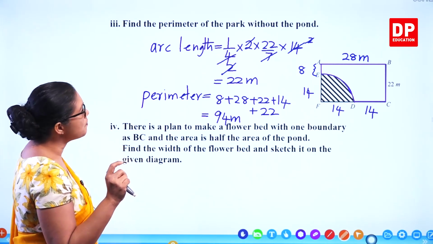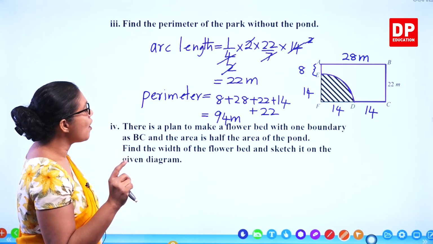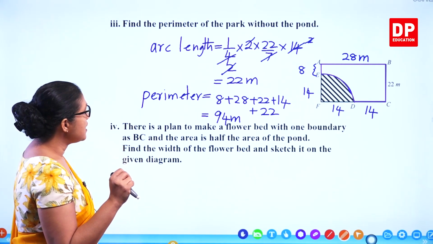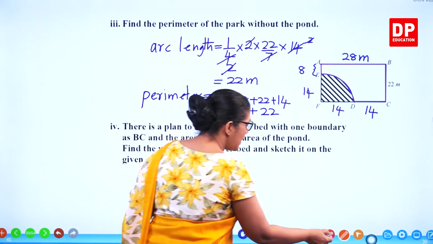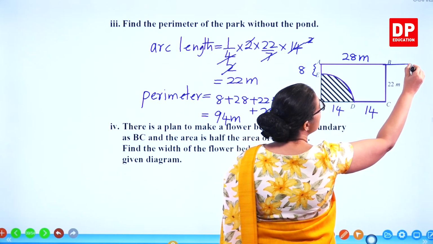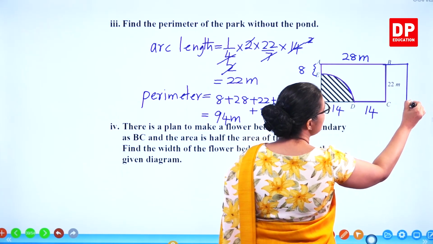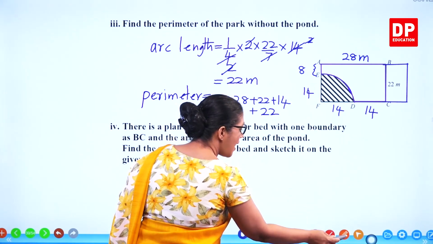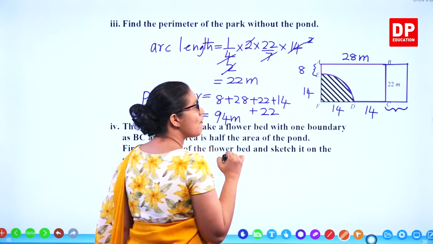And the last part, it says, there is a plan to make a flower bed with one boundary as BC, and the area is half the area of the pond. Find the width of the flower bed and sketch it on the given diagram. So basically they want to construct a flower bed with one boundary as BC, like this, and we need to find out the width of the flower bed.